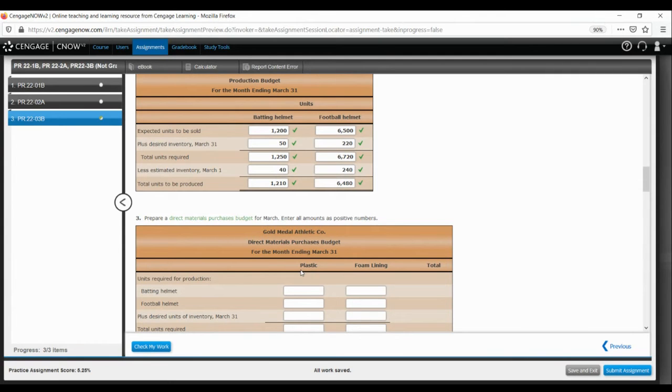In order to know how much plastic we need for our batting helmets, we need to look to our additional information to see how much plastic it takes to produce 1 unit. When we find that out, we're going to multiply it by the total units to be produced.